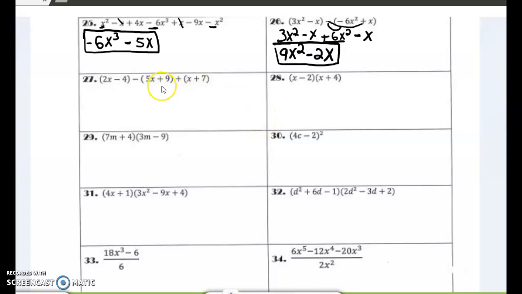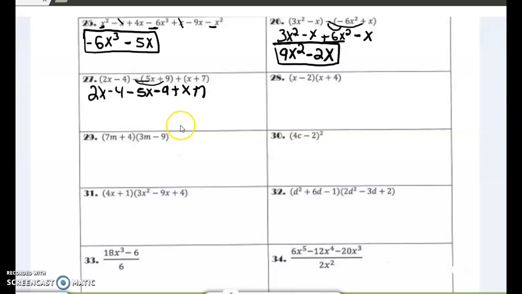Alright, next one, we're going to take the 2x minus 4. We're going to distribute the negative sign to both so that it will be a negative 5x, a negative 9, plus x plus 7.